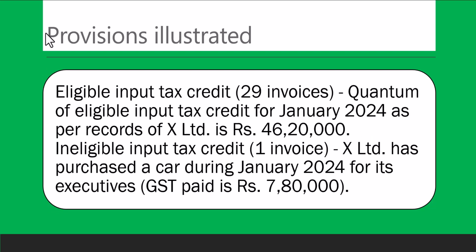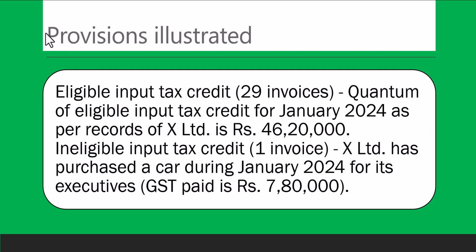Now read further. Eligible input tax credit, 29 invoices. Quantum of eligible input tax credit for January 24 as per records of X Limited is 46,20,000. Ineligible input tax credit, that is one invoice. X Limited has purchased a car during January 24 for its executives.